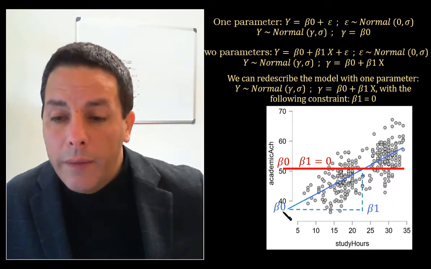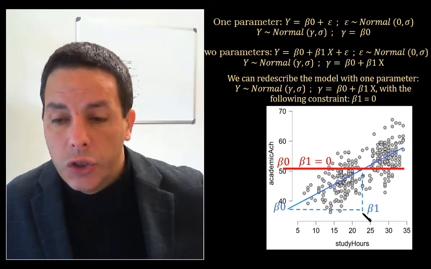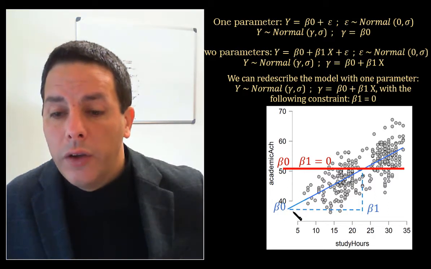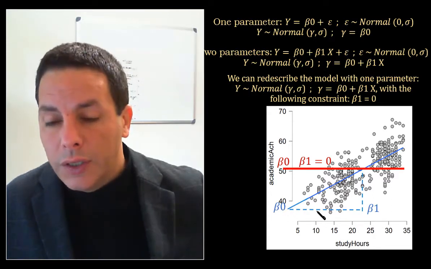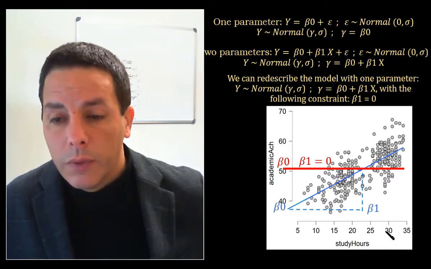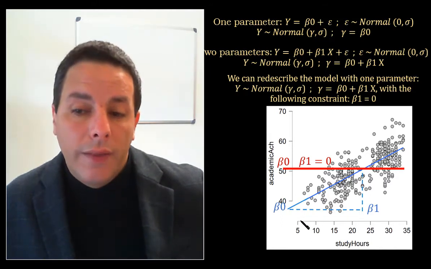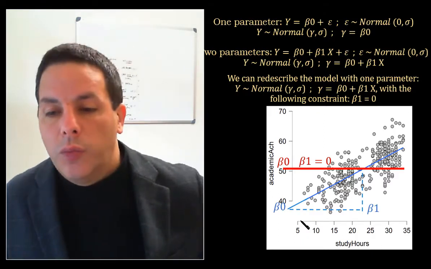Okay, and the beta 1 is how much the academic achievement points increase as a function of a 1 unit increase of study hours. And that determines the gradient of that slope.